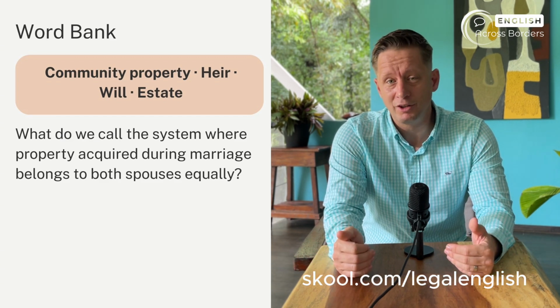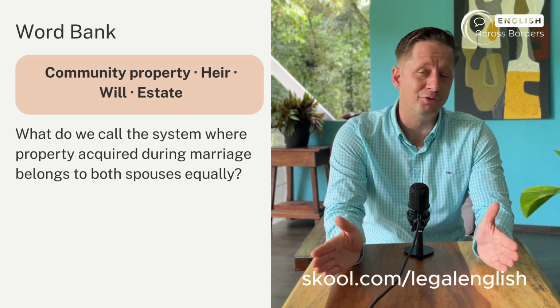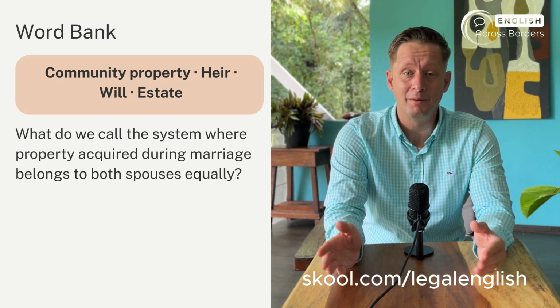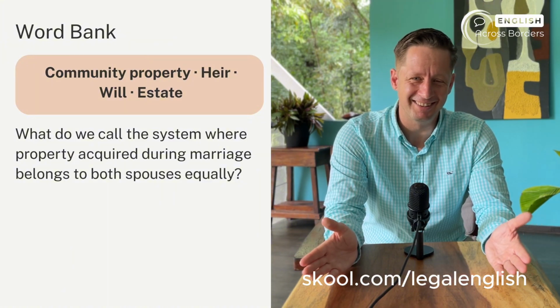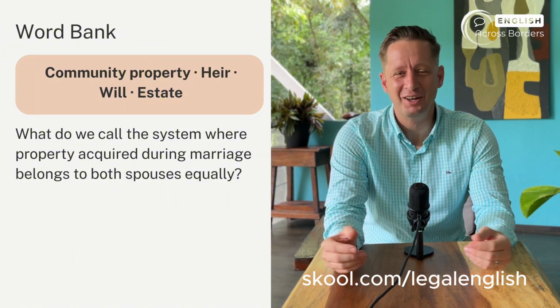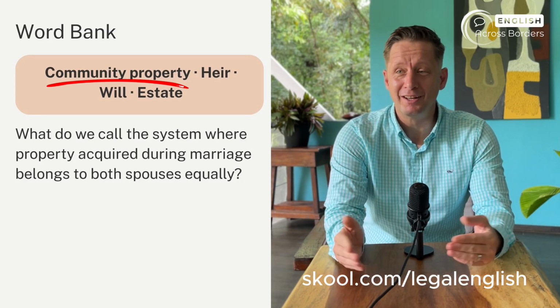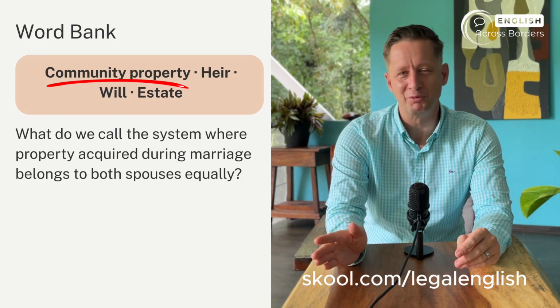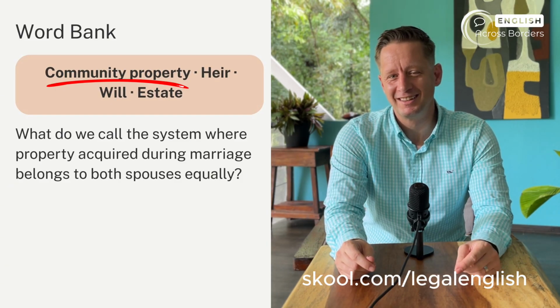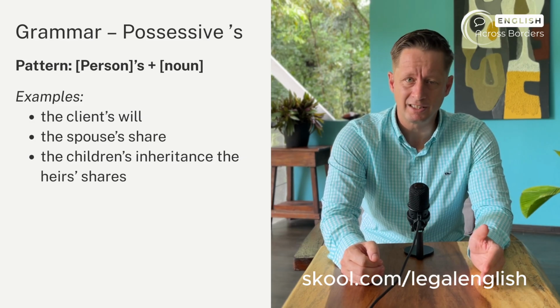You die, your wife keeps her half automatically. Only your half goes into the estate to be inherited by heirs. So, I said it in the answer. The correct answer is, of course, community property. So you could say, there's community property, so the spouse keeps their half and only the other half becomes part of the estate.